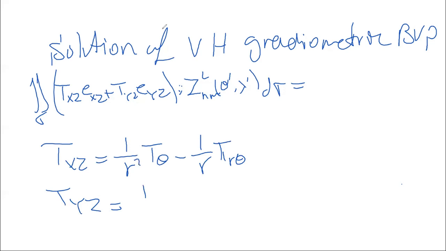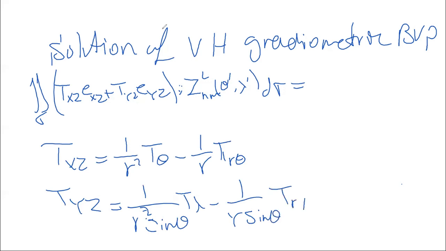It's 1 over r² sin θ ∂T/∂λ minus r sin θ ∂T/∂r ∂λ. This is the mathematical formula for the gradients.